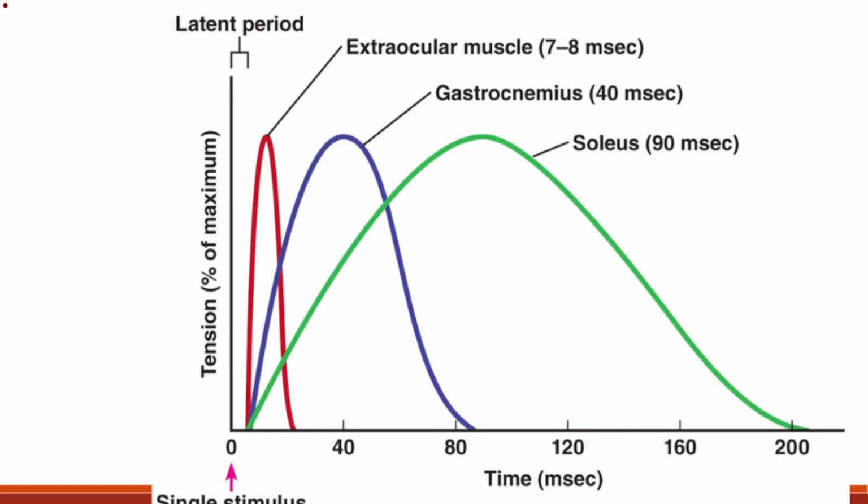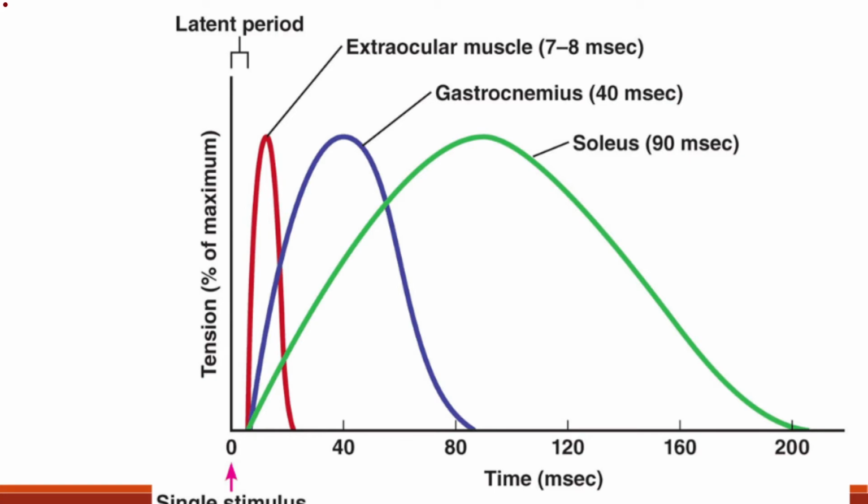We're talking about milliseconds, from maybe 20 milliseconds to 200 milliseconds. Short time we're talking about. We have all the same amount of latent period where we have to get our calcium coming in and our calcium binding to the troponin. The eye muscles, only 7 to 8 milliseconds for the whole muscle twitch.